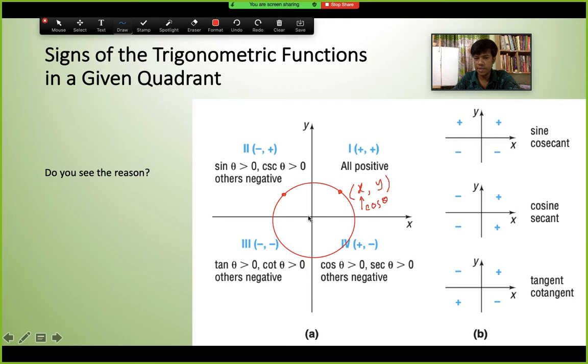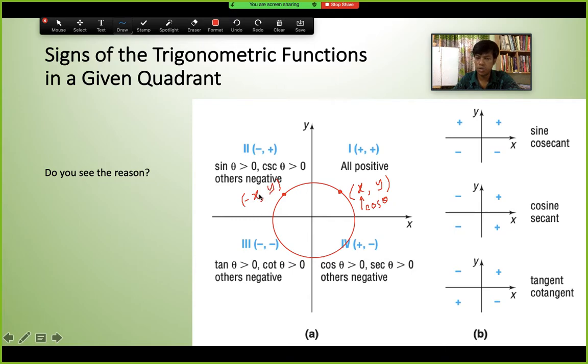You see, this is the negative side, and this is the positive y. This is negative x and positive y. So the coordinate of this point will become minus x and plus y. That is why in this box, cos is negative, sin is positive.